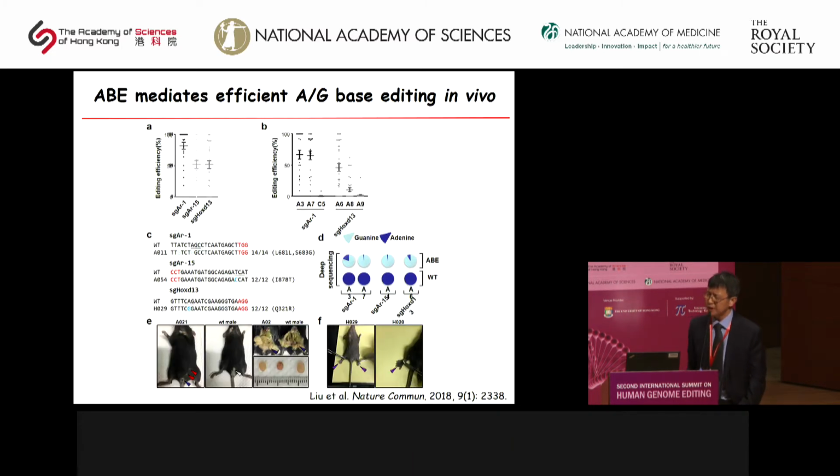And meanwhile, we used ABE to mediate efficient AG-based editing in vivo here, to model the AR and Hoxd13 pathogenic mutations. With these mutations, the mice recapitulate the disorders, shown here as androgen insensitivity syndrome, and another one is fused digit.